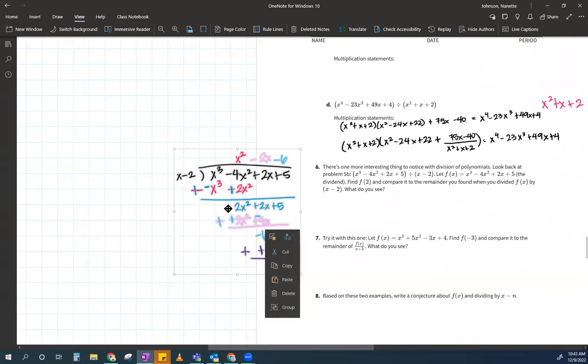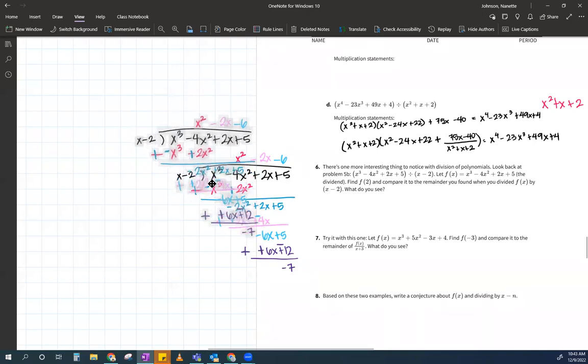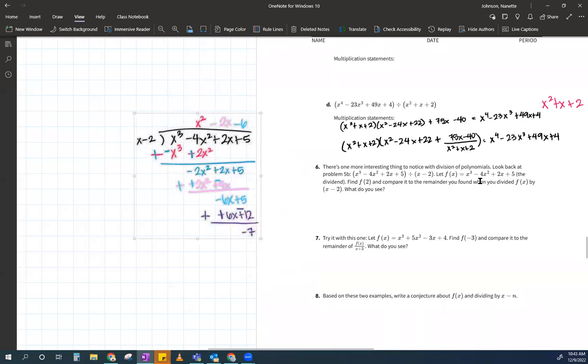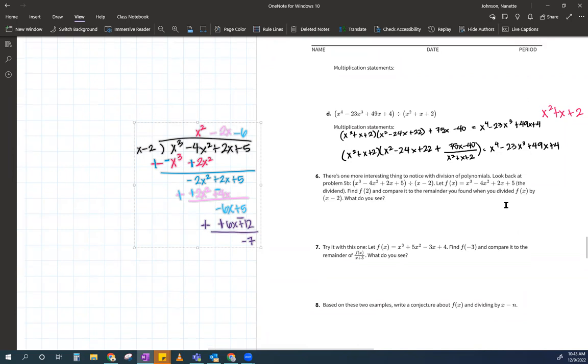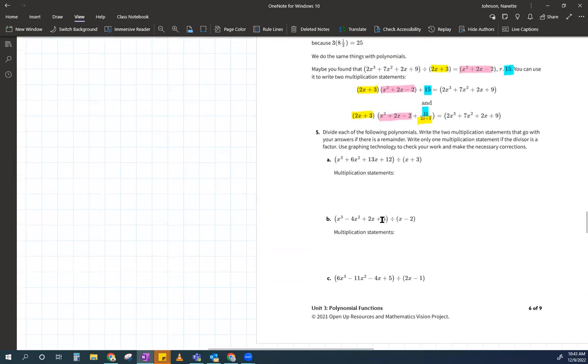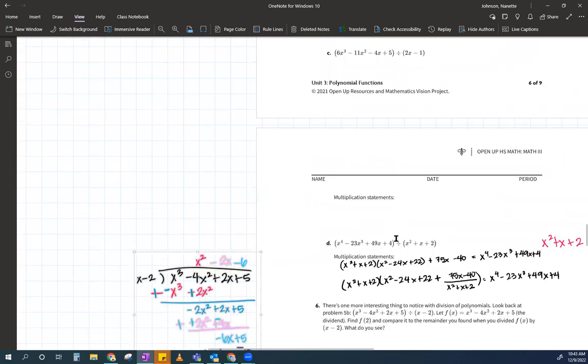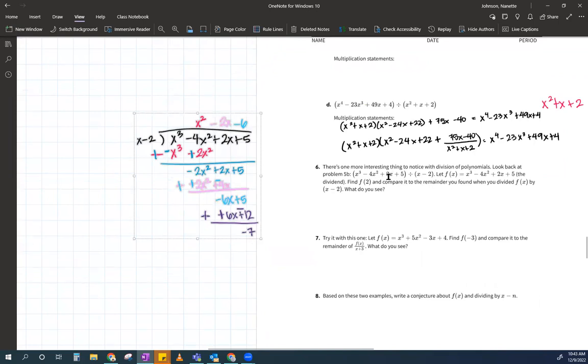Okay, so let's put this right here. There's one more thing that I want you to recognize. Now they want you to find f of 2 and compare it to what you found by f of x. Wait, what? Oh, they want us to plug in 2 to this big function right here? Yeah. Okay, so let's do that really quick.